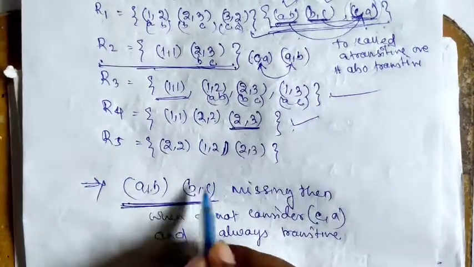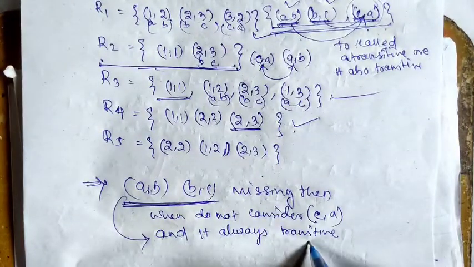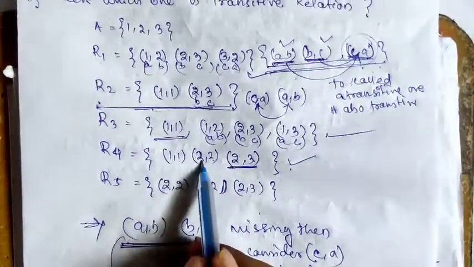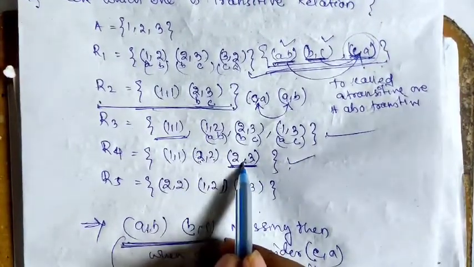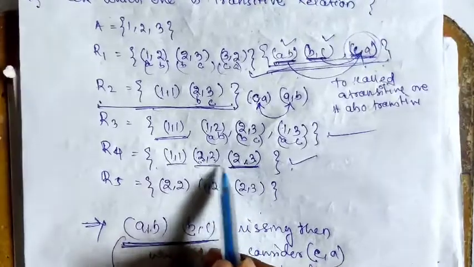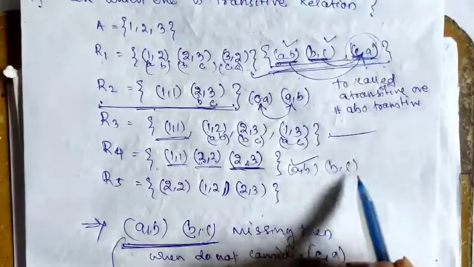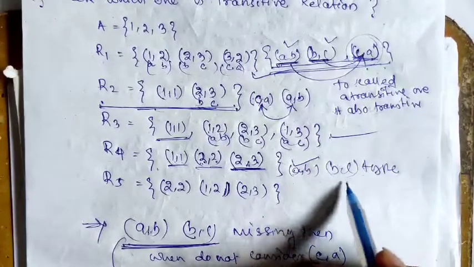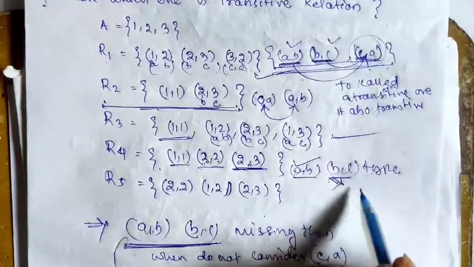If AB and BC are missing, then it is ultimately transitive. Here AB and BC are missing. Out of the three order pairs, the AB, BC type order pair is missing, so it is ultimately a transitive one.